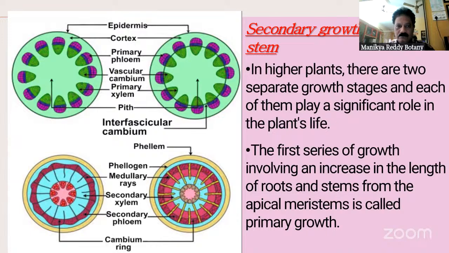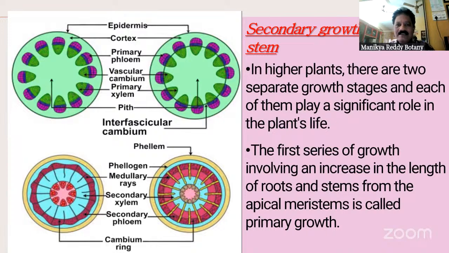Due to primary growth, the parts of the plant body like branches and leaves are increased. The number of leaves and branches increases, and they start producing flowers.